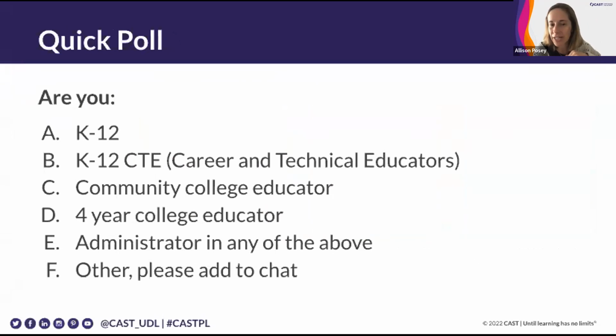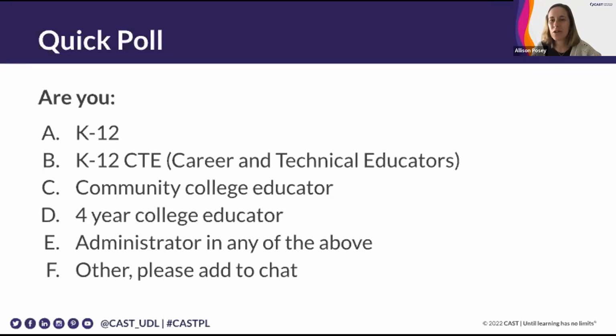E, an administrator in any of the above. Or F, other. Please let us know if we didn't cover your role. We would like to know what you do, and that'll help us make sure that we're gearing the conversation towards areas that you might be interested in. And as we're seeing, there's variability. Yes, there's a lot. It's really nice. We have a really nice mix.